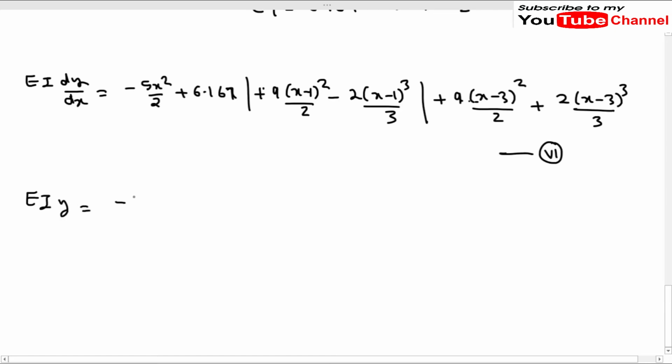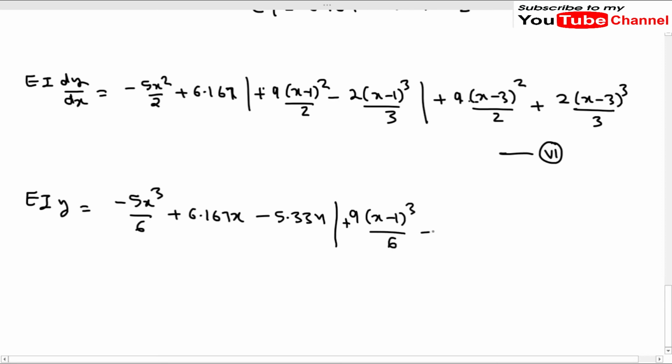Now the other equation is for deflection. So the equation will become 5x cube by 6, and the value of C1 is 6.167x, the value of C2 is minus 5.334. And now we will draw the vertical line. It will be positive 9 into x minus 1 whole cube by 6 minus 2 into x minus 1 to the power 4 by 12.